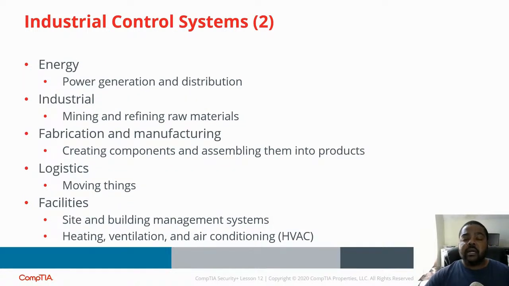Like I mentioned with the water system, these systems also go into energy, power plants, industrial, different types of facilities and logistics facilities. And can you imagine if someone were to get their hands on a system that could pollute the water that you and I drink? And there's nothing that we can see from it because we don't have those systems connected to the internet, so it's not going to give us a warning like that.